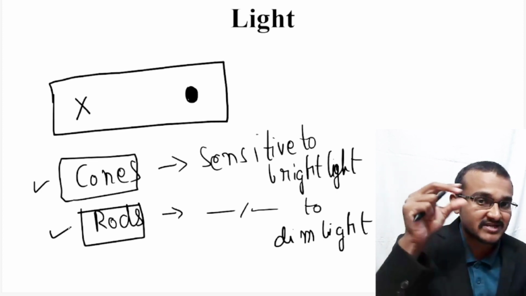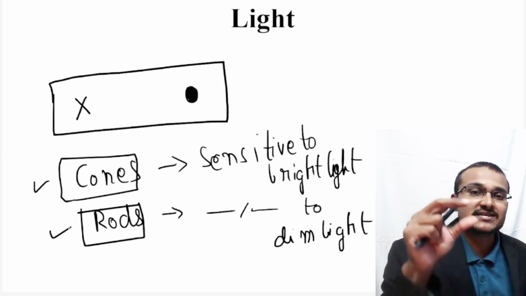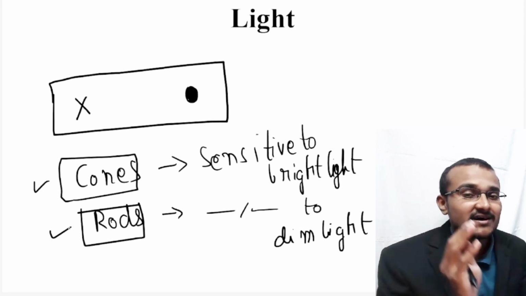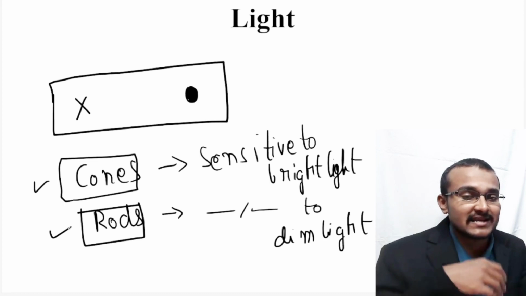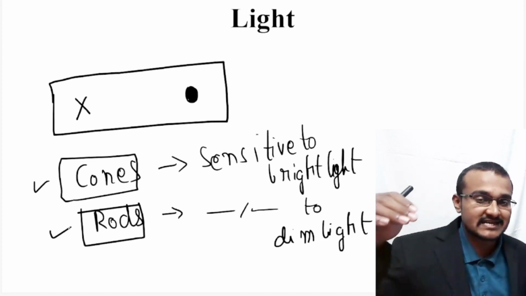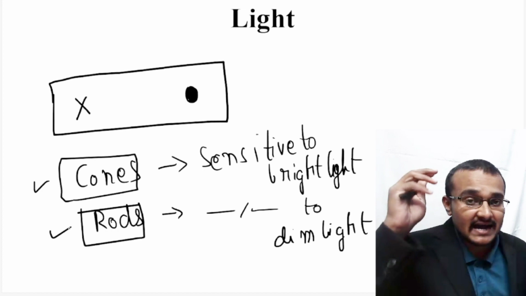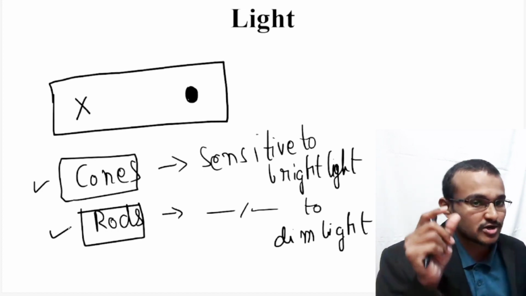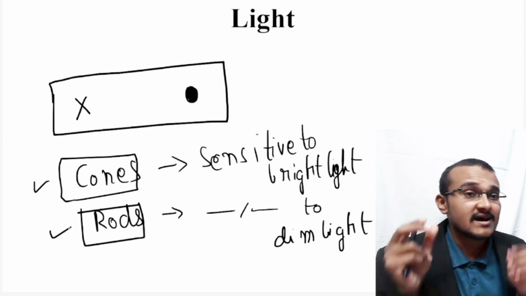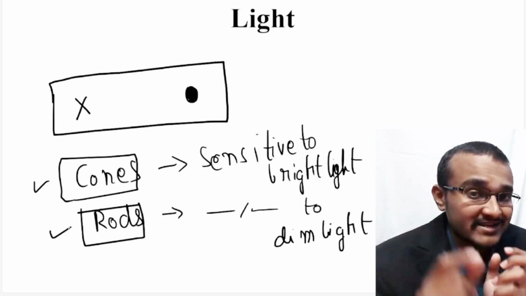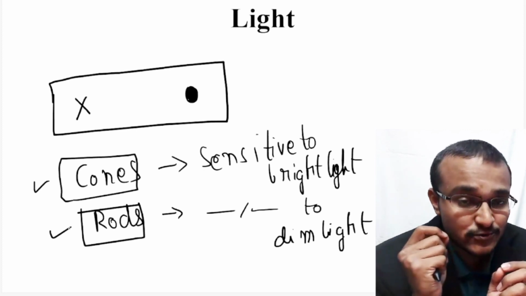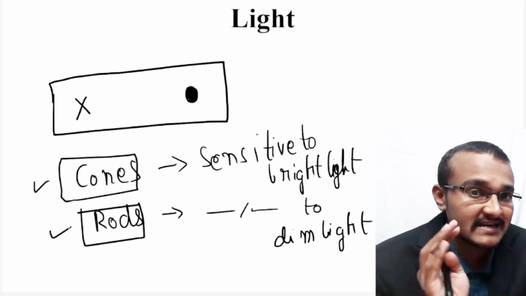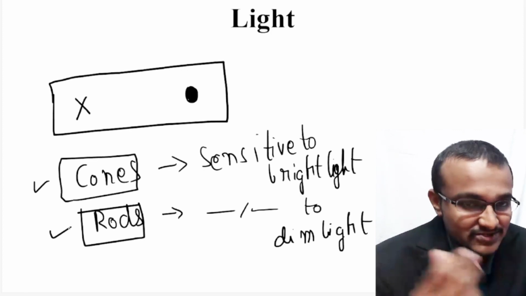The lens behind the pupil converges the rays on the retina, and the retina absorbs the light and converts it into electrical signals, which are transported through the optic nerves to the brain, and the brain senses the objects. There is also one blind spot in the retina, and the cells present in the retina are cones and rods, where cones are sensitive to bright light and rods are sensitive to dim light. All these topics related to the human eye and light you should remember.